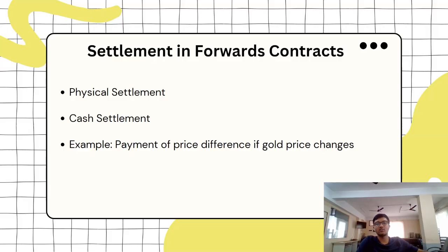So in forward contracts, the materials need to be physically settled with payment of the price, and whatever the difference is between the future earnings or losses I made, I have to settle, whatever the current price of gold changes.